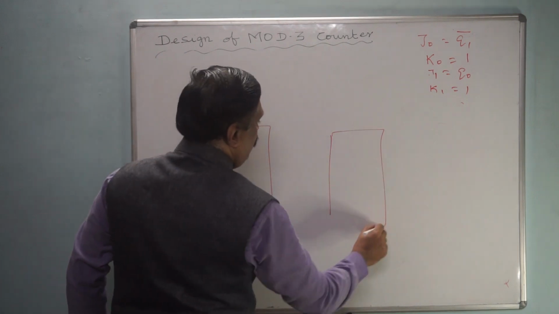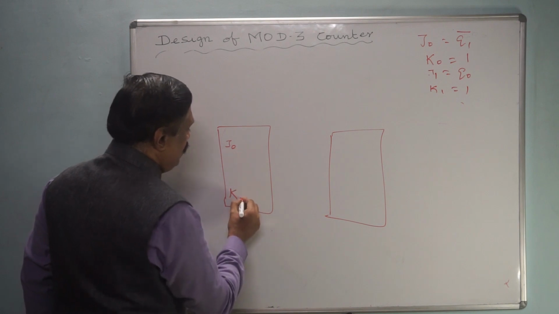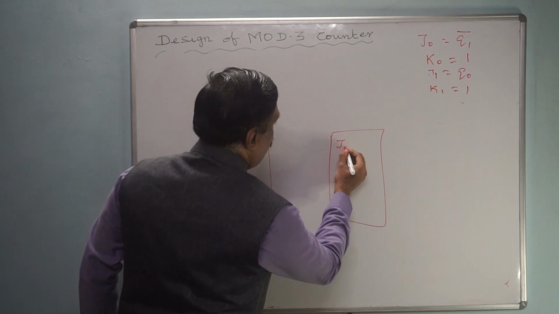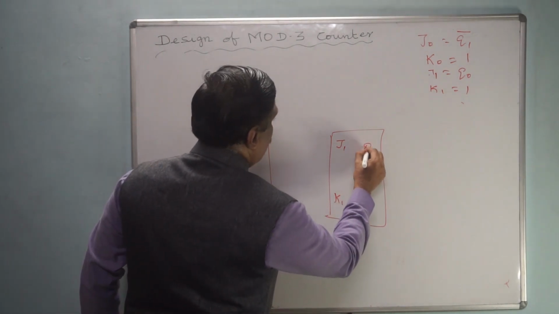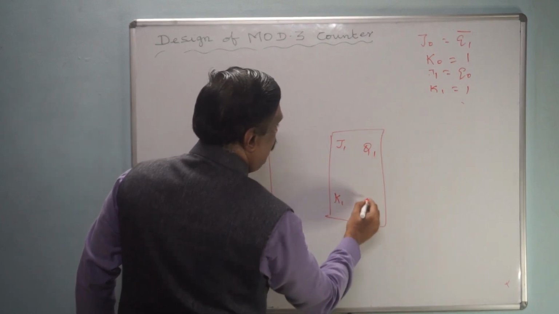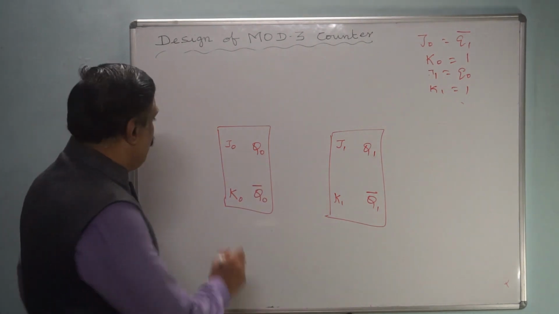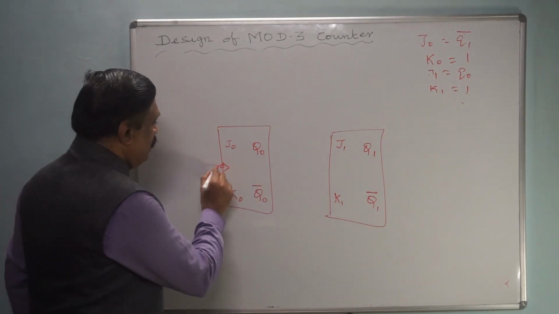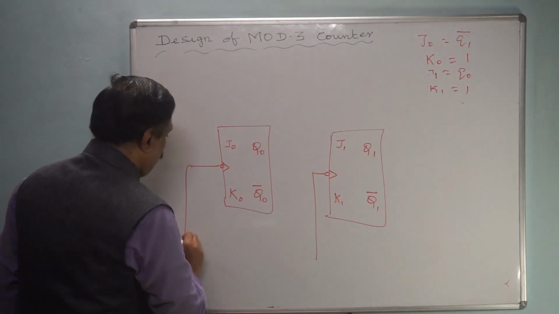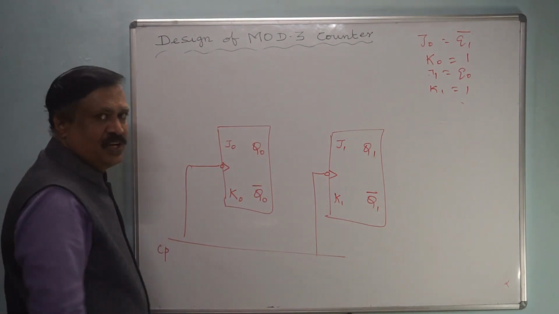One flip-flop, another flip-flop, J, K. J0, K0, that means Q0 complement, J1, K1, sorry here Q1 because J means Q1 and Q1 complement. 2 flip-flops are required. Now you go for a negative triggering. It is a negative triggering, therefore you connect the clock pulse, CP.